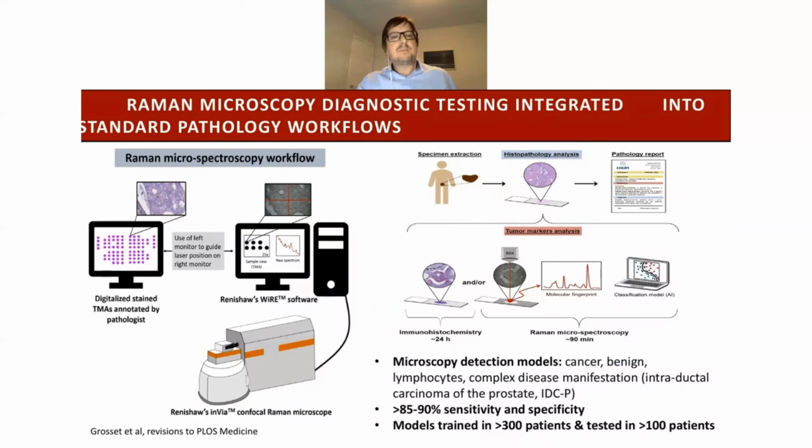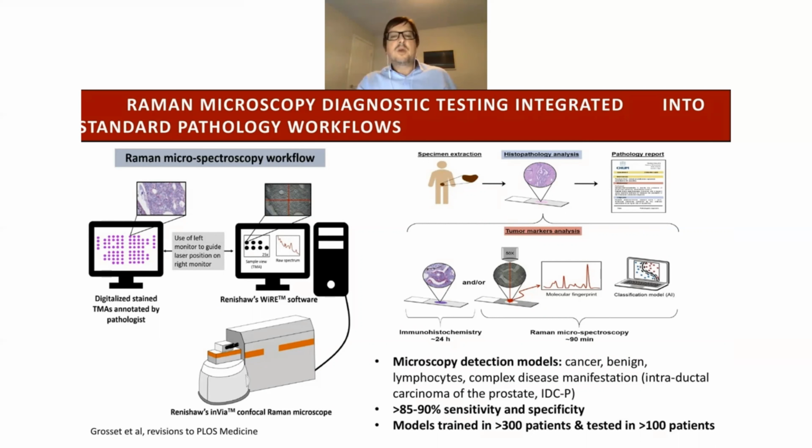And one last application that we've developed with machine learning applied to Raman spectroscopy was an aid to pathology, where Raman spectra are acquired along with visualization, if you will, of TMAs, or just basically H&E slides. And the predictive results that we're providing here are for detection of cancer versus benign lymphocytes detection.